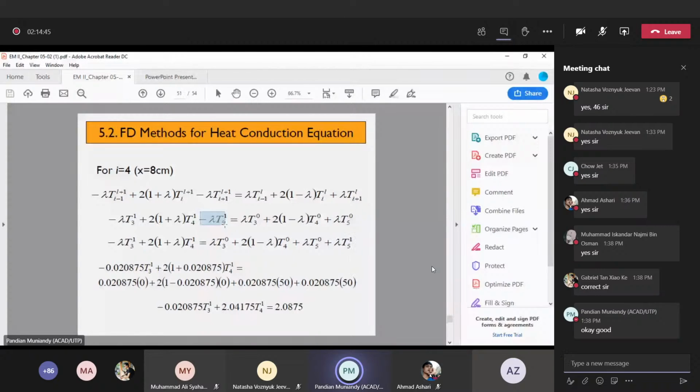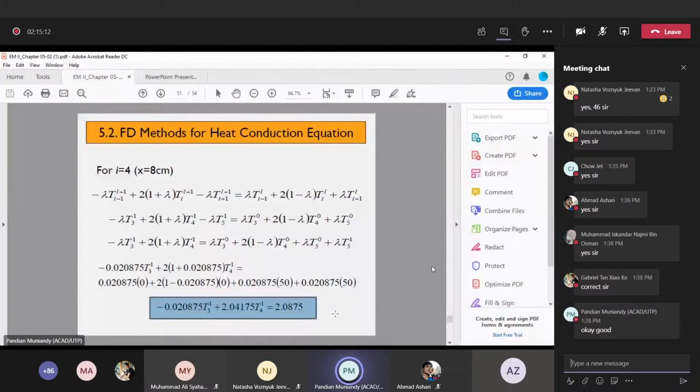This one goes right hand side is 50. This one you have to be careful because this is at x5. This one also at x5. So the temperature at x5, this is T5, is 50. This is 50. And now you calculate, you should be able to get this.